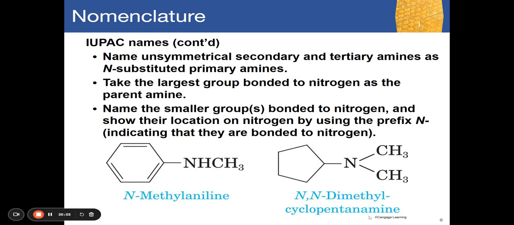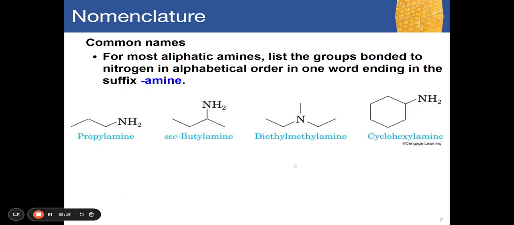Hindi natin pwedeng ulit-ulitin na methyl-methyl, we'll just use dimethyl. And because dalawa siya, we use N,N kasi siya ay connected to our nitrogen. So this is N,N-dimethylcyclopentanamine.